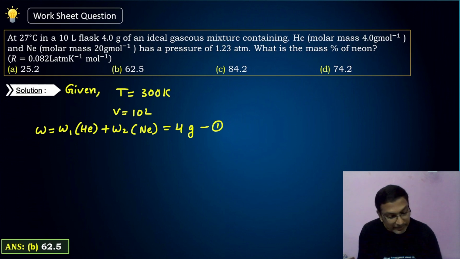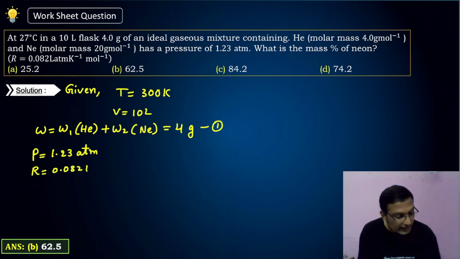Next molar mass for helium 4, neon 20. Next pressure 1.23 atmospheres given. Next R value we know 0.0821 liter atmosphere mole inverse Kelvin inverse. Next we know that PV equal to nRT. So here we can write total number of moles.